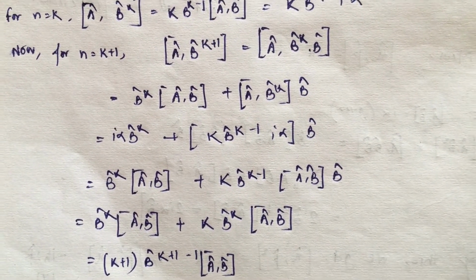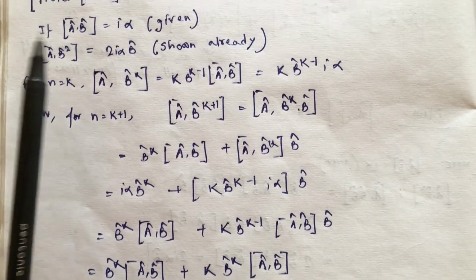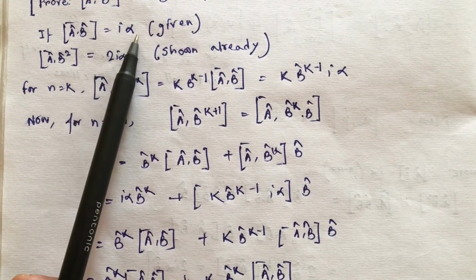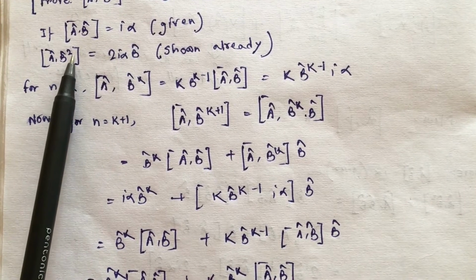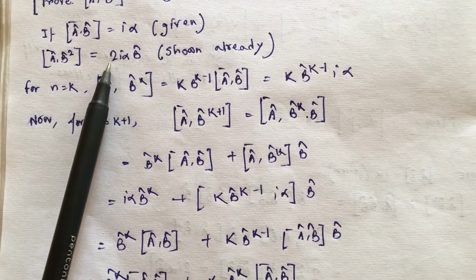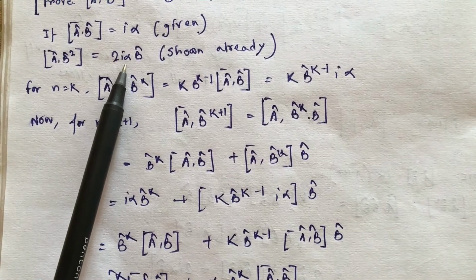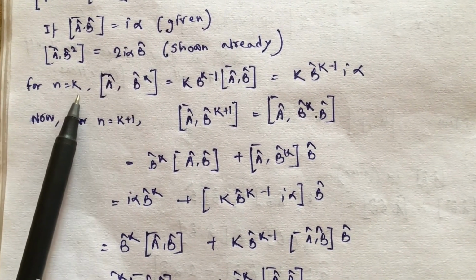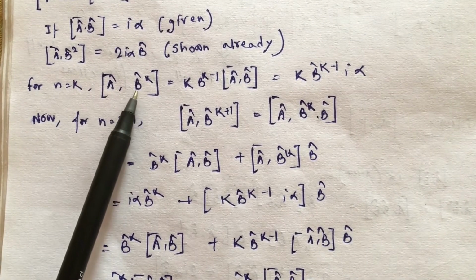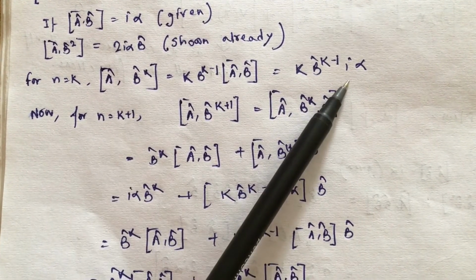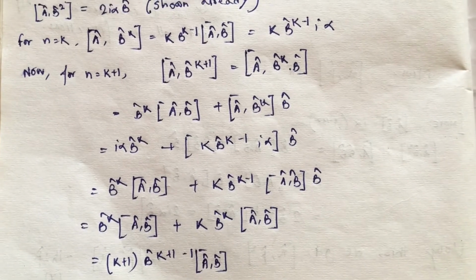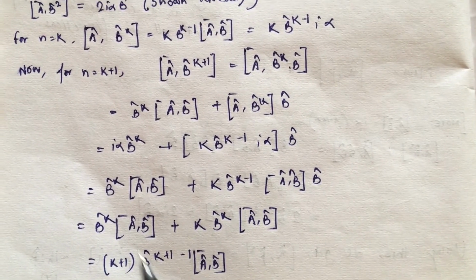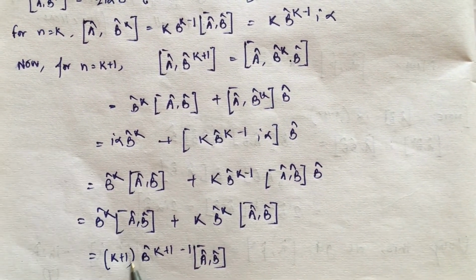This is called the method of induction, because for B to the power 1 this relation is valid. For B to the power 2, just the factor 2 comes here, i alpha remains the same, and I have this B operator. For B to the power k, I obtain this. Now for B to the power k plus 1, I have obtained this.